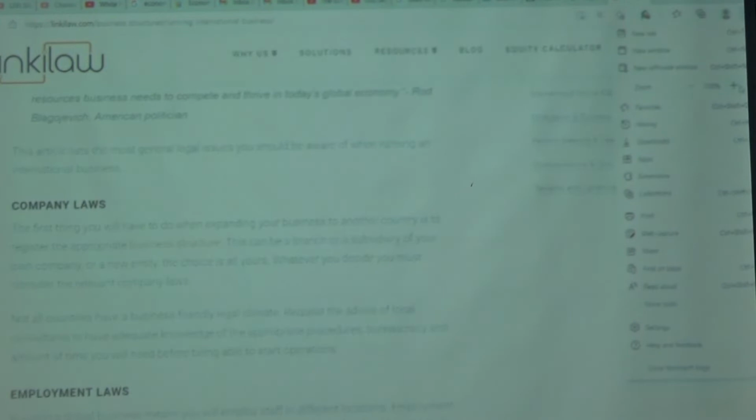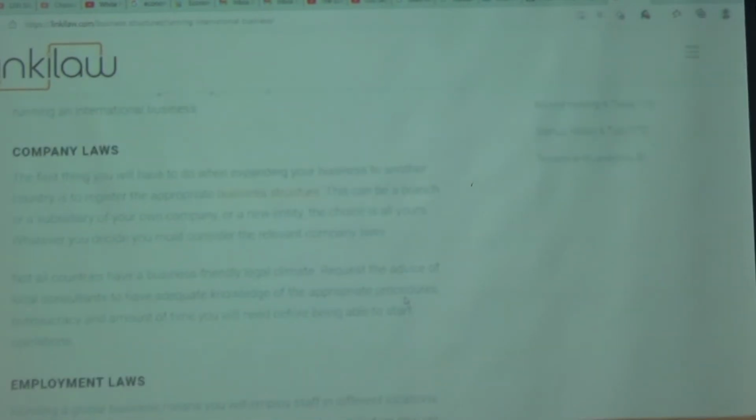Company laws. This is the first thing that I was saying before, is that ideas of what kind of partnerships you need to have. Can you own outright? Are you allowed to own the whole business without anybody else as a partner? Do partners have rights, like voting rights over you?